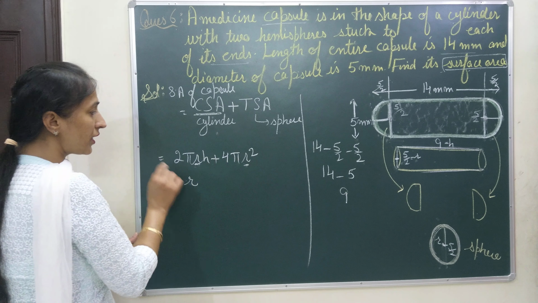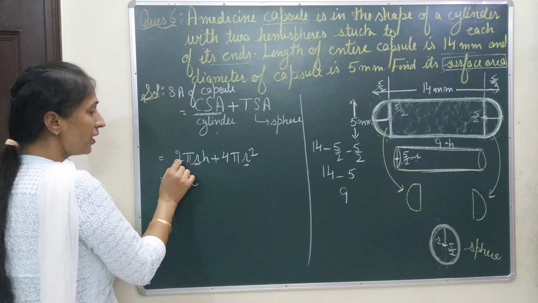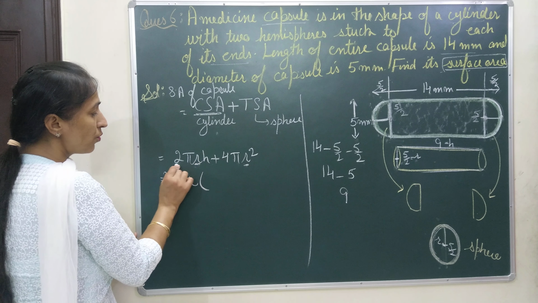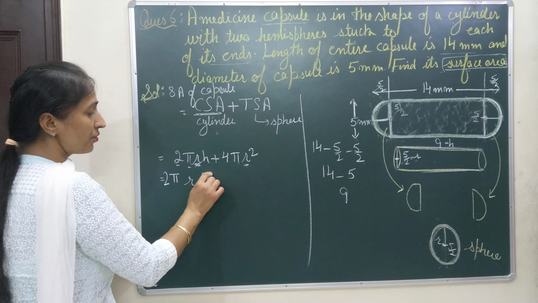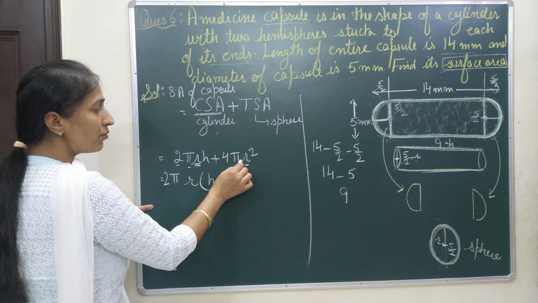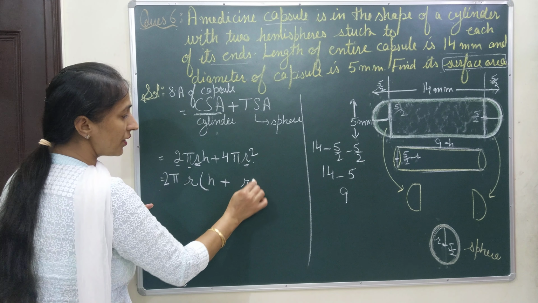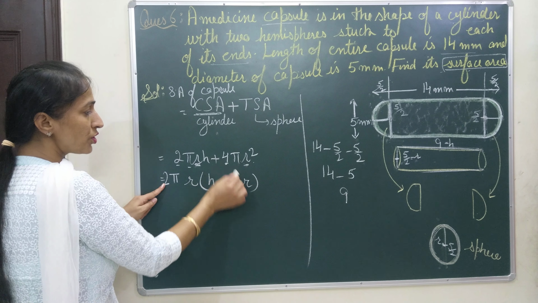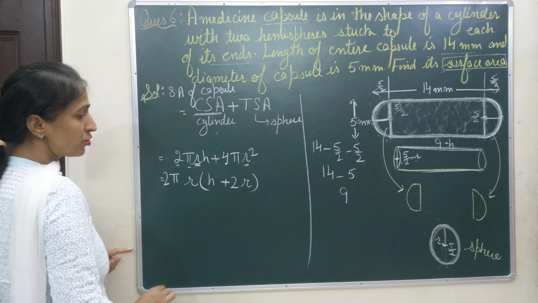I will take r out, pi out, and 2 out. What remains in the first part is h. From the second part, pi is out, one r is out, one r is remaining, and out of 4 I have taken 2, so it is 2r.